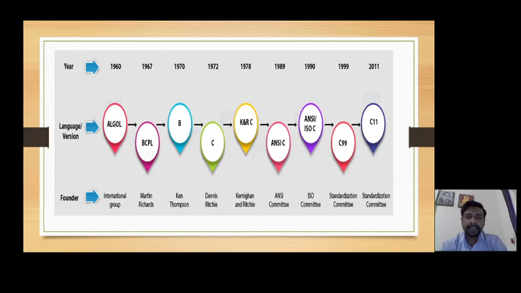Then in 1970 Thompson evolved the B programming language. In 1972, as I told, Dennis Ritchie started working on C programming, and then Kernighan and Ritchie gave further improvements, known as K and R, K for Kernighan, R for Ritchie.